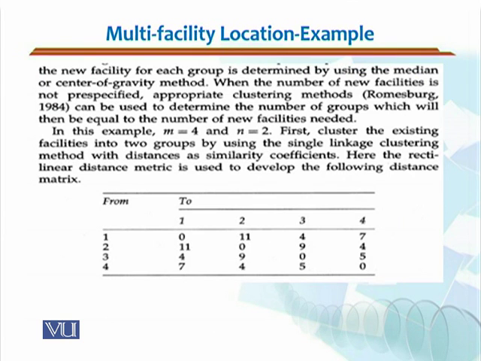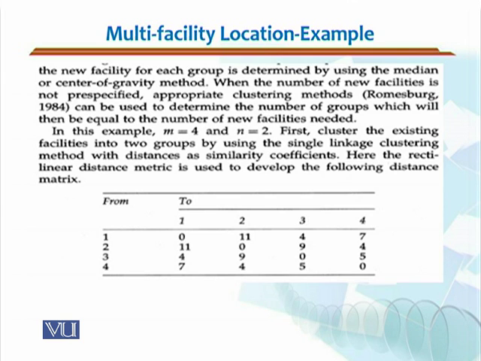If you see, on the basis of these distances, from 1 to 3 we have the minimum distance of 4. You can just scan this whole distance matrix for the minimum distances. So 4 would be the one between 1 and 3.